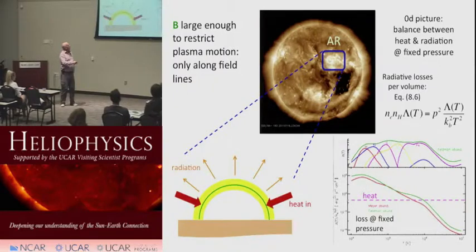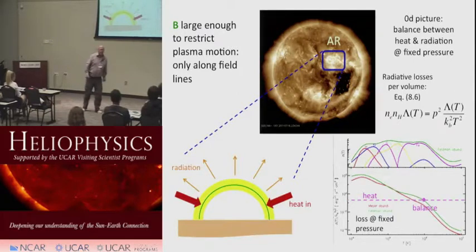If I put this much heat in, this many ergs per centimeter squared, second centimeter cubed, then to balance the loss, the gain of energy, I would need the plasma to be about 1 million Kelvin, and the whole thing would be in equilibrium.